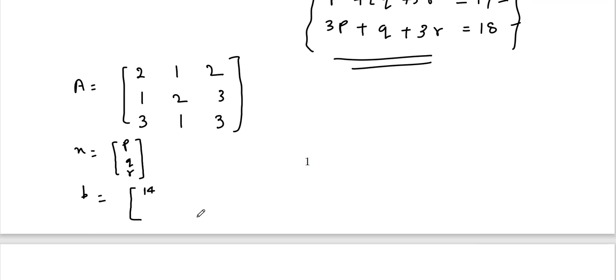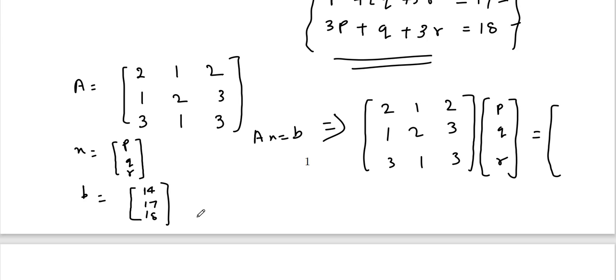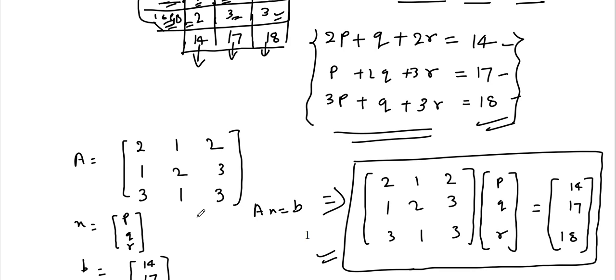So finally the system AX = B will be like this: the matrix 2, 1, 2; 1, 2, 3; and 3, 1, 3, times X, which is P, Q and R, equals B, which is 14, 17 and 18. So this is the matrix representation of the system of linear equations. Thank you.